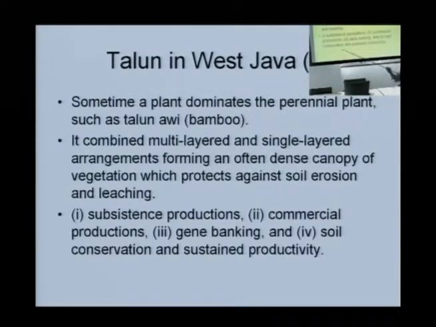As you know, now slash and burn is propagated by many scientists and researchers, because with the way of slash and burn, the forests are maintained.